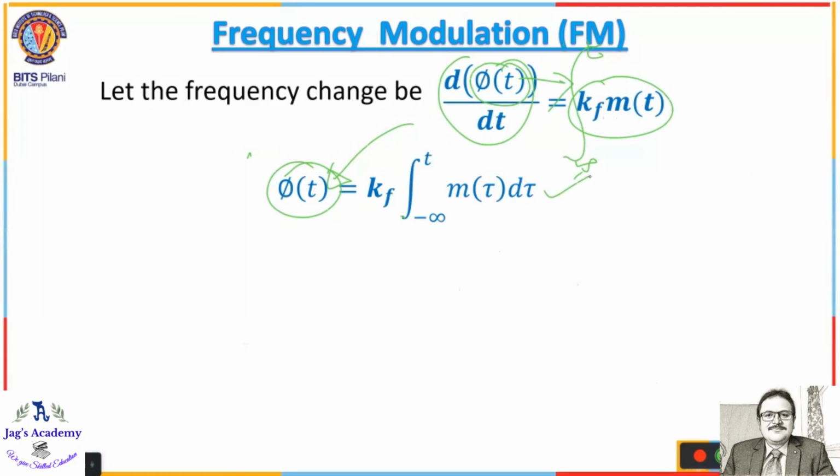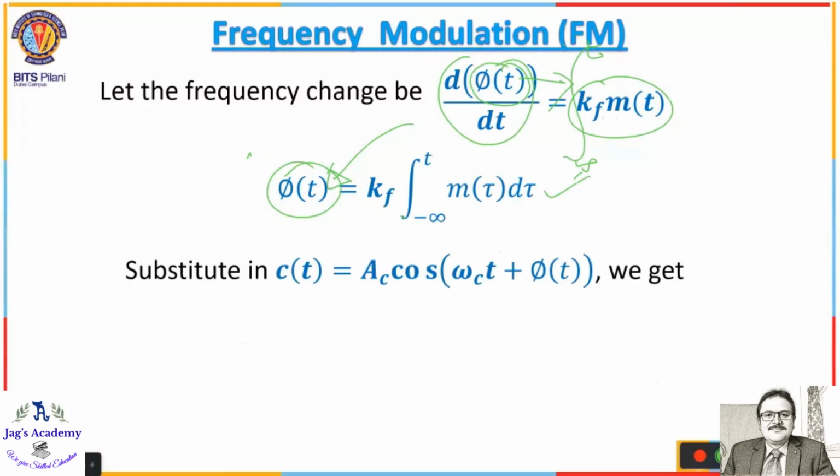Now, can I get the complete equation now? Right. So, the complete equation is AC cos omega ct plus phi of t. Yes, so this is what I said. Your angle modulation is nothing but the carrier which was unmodulated, your omega ct will become omega ct plus phi of t.